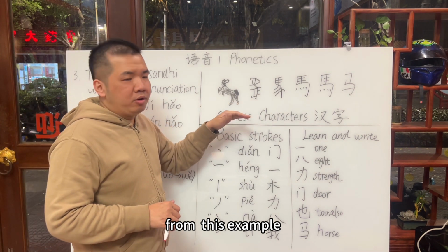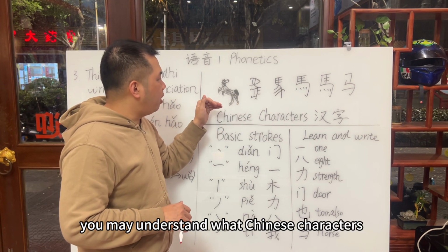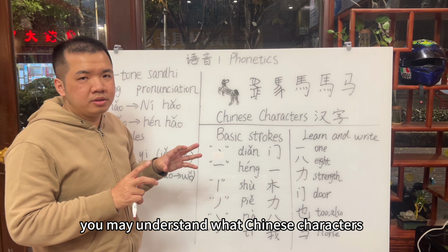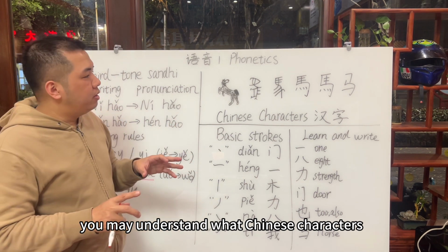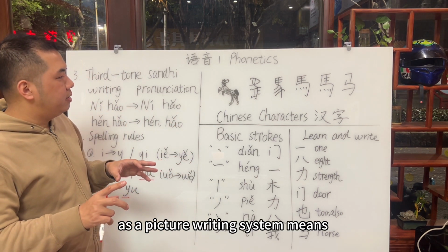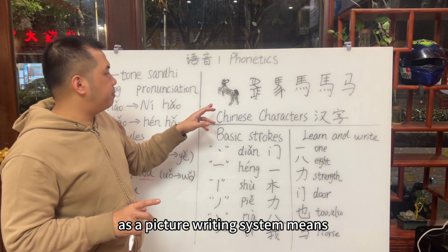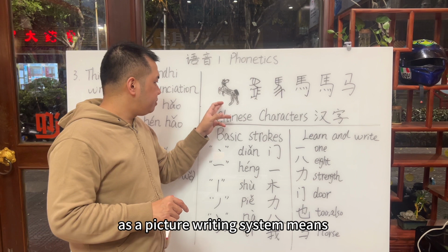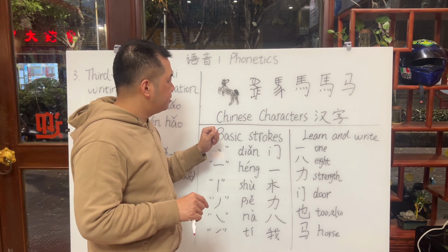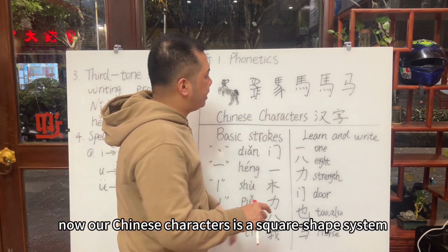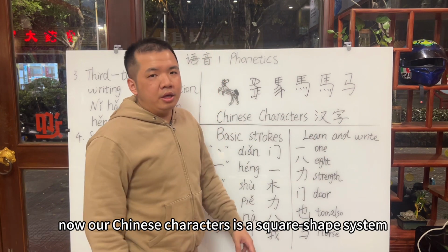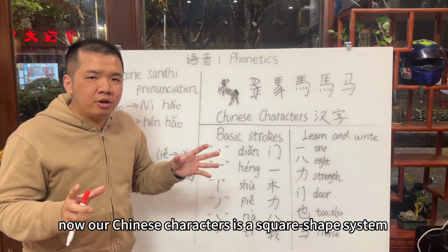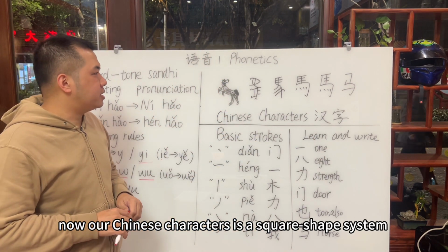From this example, you may understand what Chinese characters as a picture writing system means. Now our Chinese characters is a square shape system.